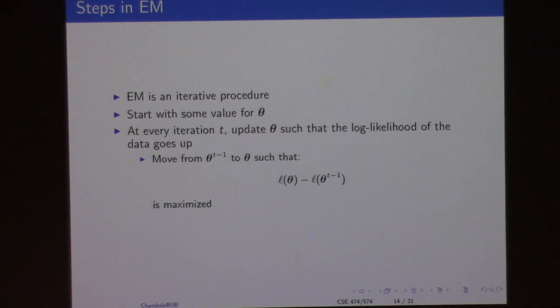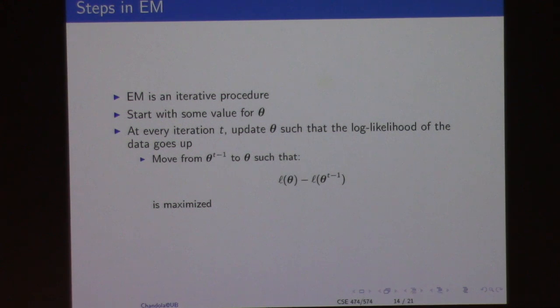So the idea is that we start with some estimate for theta, right? Using that, we can compute the probability distribution for zi's, right? Then we compute the joint log likelihood of our hidden and observed variables. Clearly, since we do not know what zi's are, we cannot compute the actual log likelihood. But what we can compute is the expected log likelihood using the probability distribution for zi that we get from the previous estimates for theta, right?